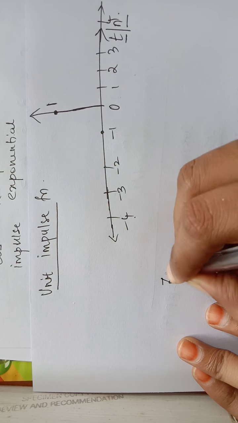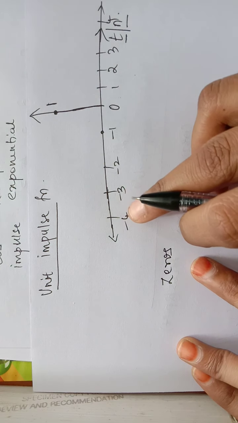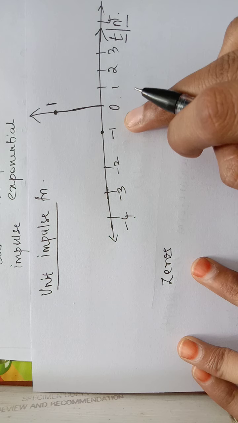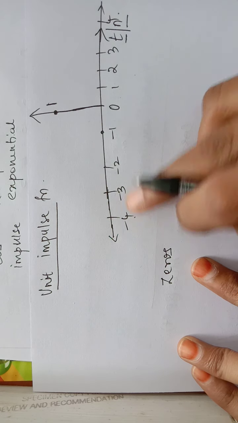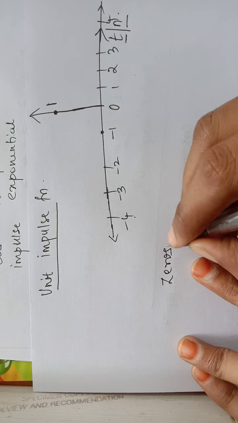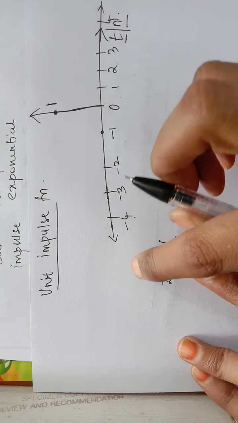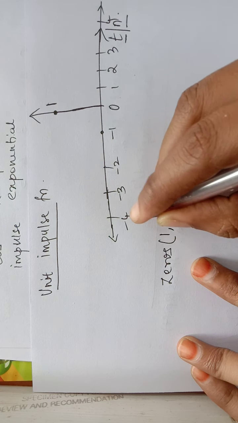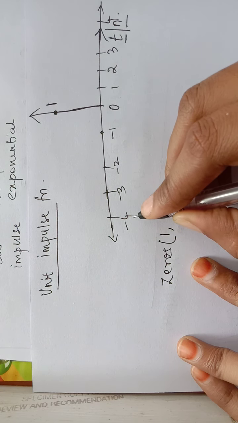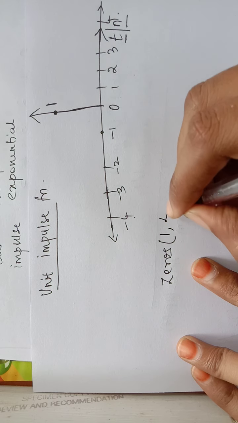First, how many zeros do I need? 4 zeros. So I'm going to use a function known as zeros. Since it is a single row, I'm going to use 1 comma, and how many columns do I need? 1 2 3 4 columns.